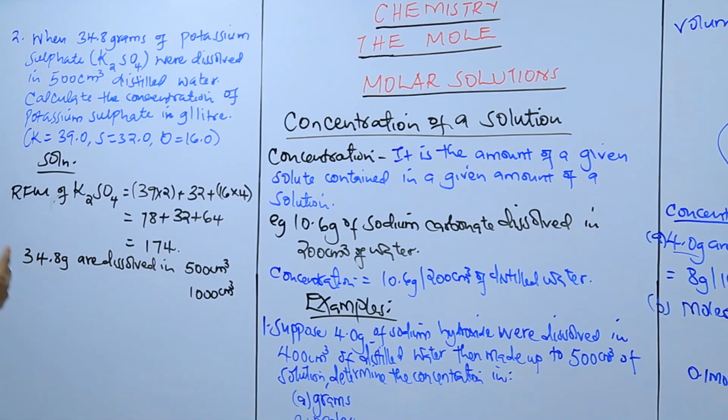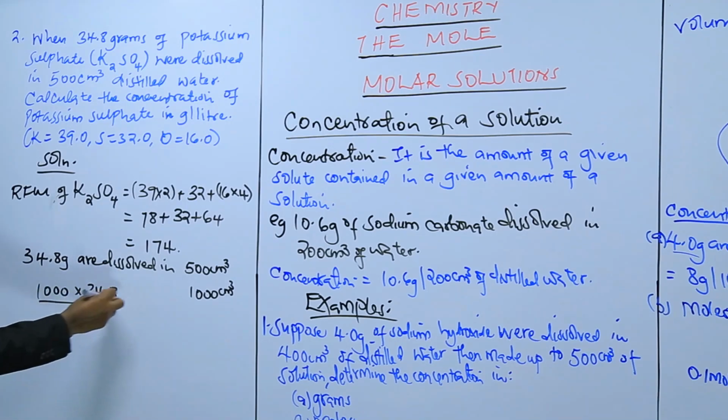It is just cross multiplication: 1000 times 34.8 divided by 500, which is 69.6.